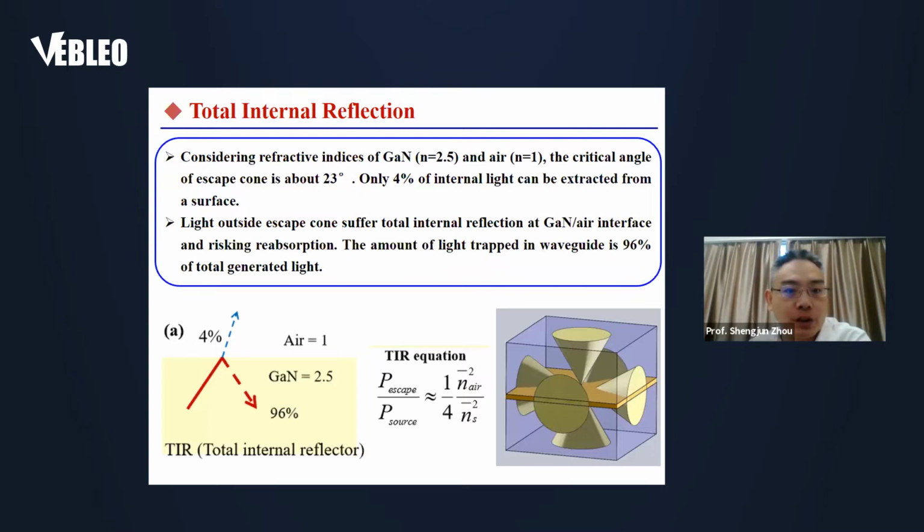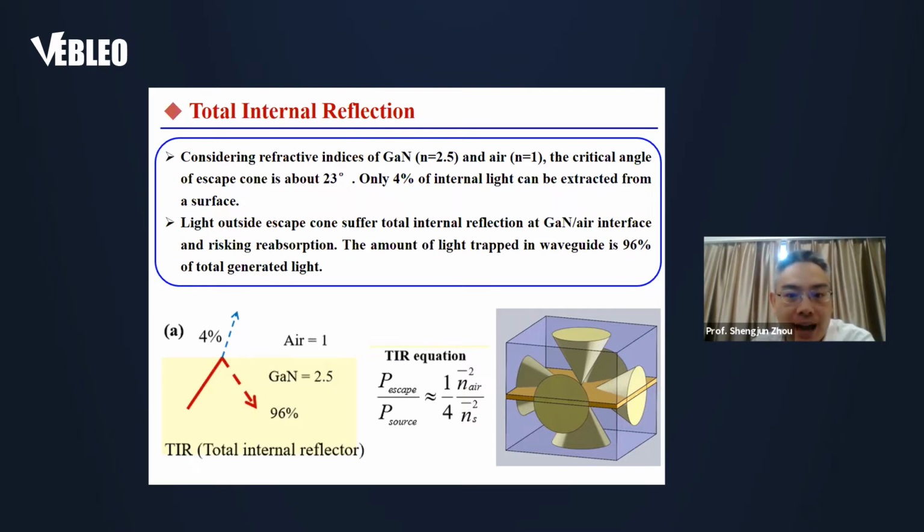Considering refractive indices of gallium nitride, the critical angle of escape cone is about 23 degrees. Only 4% of internal light can be extracted from a surface. Light outside escape cone suffers total internal reflection at gallium nitride interface, risking reabsorption.